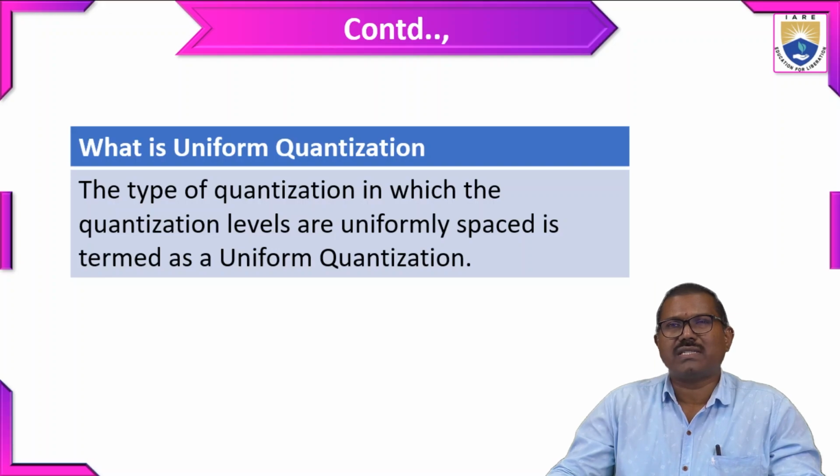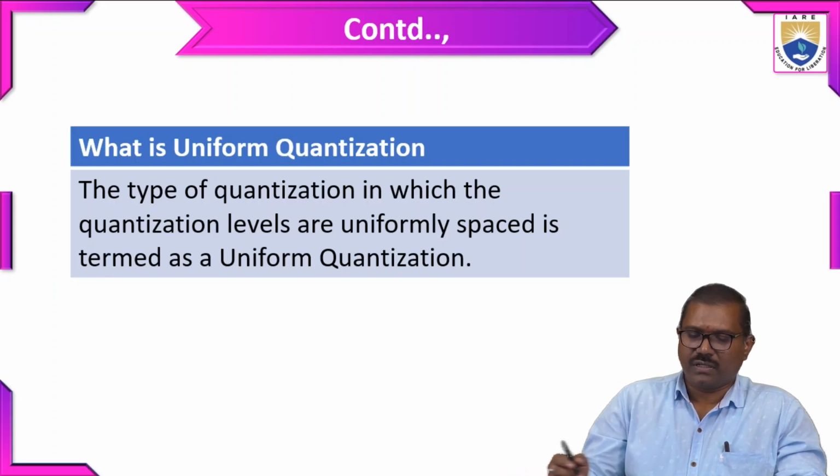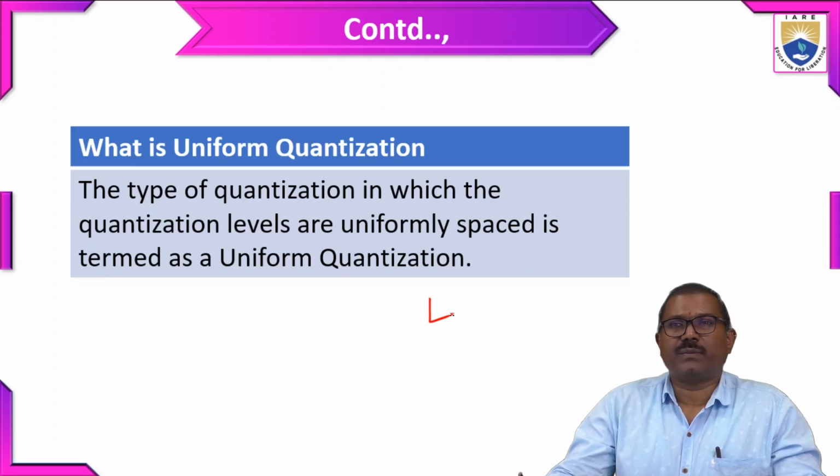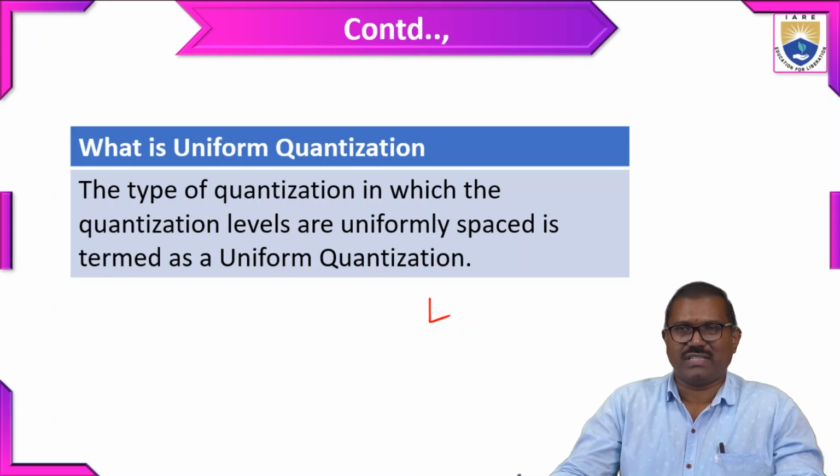The quantizer consists of quantization levels or representation levels, represented by L. If these representation levels are uniformly spaced, then it can be called uniform quantization.